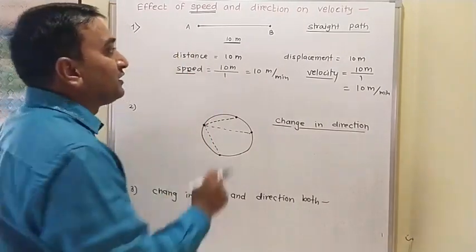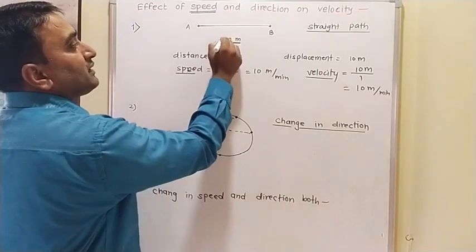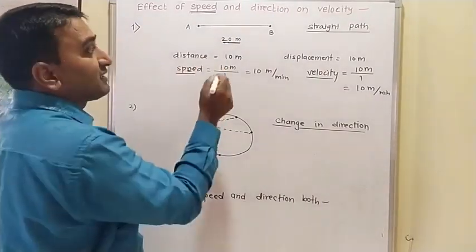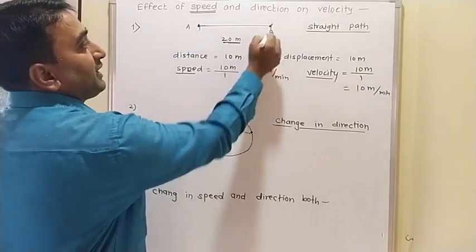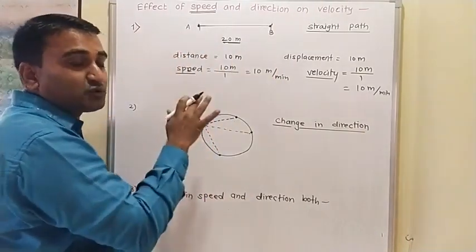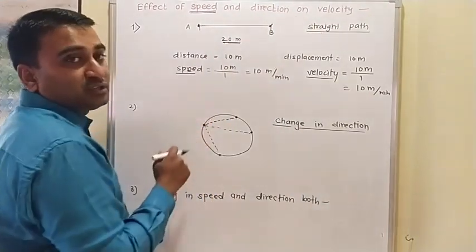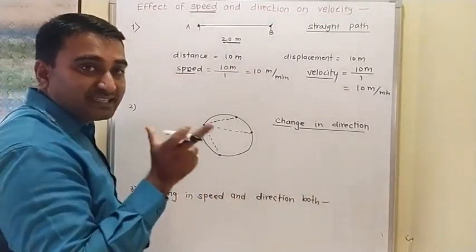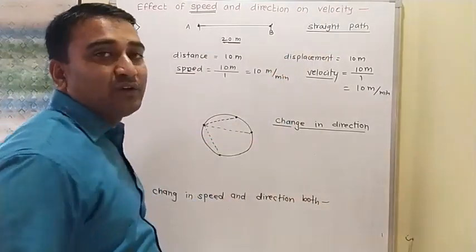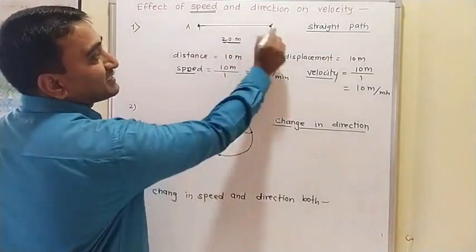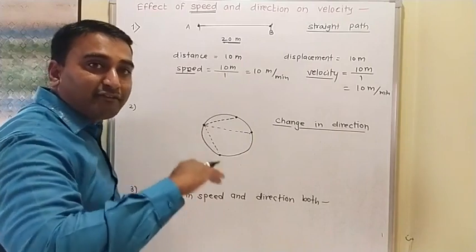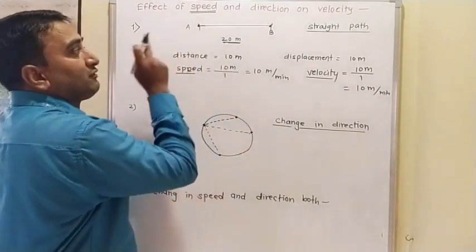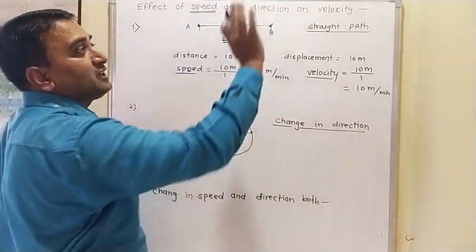See, if speed is 20 meters, within 1 minute it will travel that distance between A and B, where A is the initial position and B is the final position. So distance increases. As distance increases, there is definitely an increase in displacement, and velocity also increases. So the first thing: speed is directly proportional to velocity.